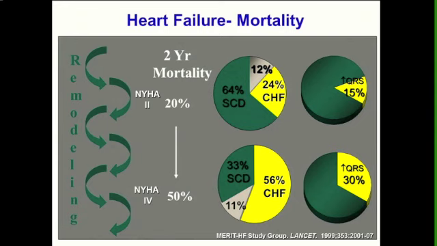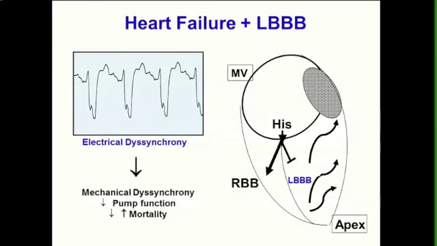Perhaps there's an association. And this was the rationale for CRT initially, really applied to left bundle branch block. On the right, you see a schematic where you see slow transeptal conduction, slow interventricular conduction, and late activated posterolateral left ventricle. That is the basis of a wide QRS, electrical dyssynchrony.